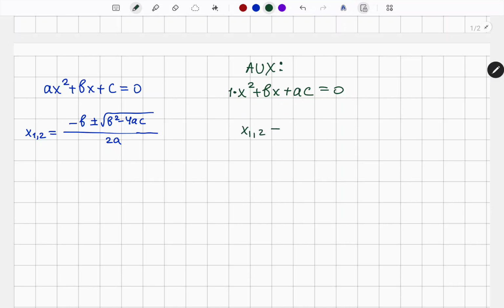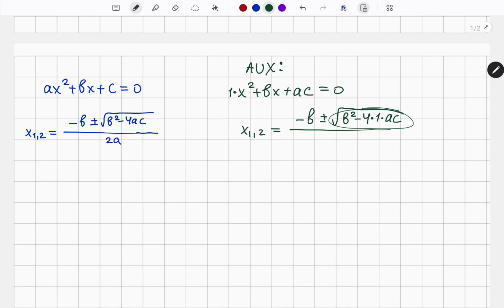When you write down the roots, I start the upper part of the expression also by writing minus b plus or minus root of b squared minus 4. Then what goes next is the leading coefficient, it's 1. And what goes next is the constant term, it's ac.